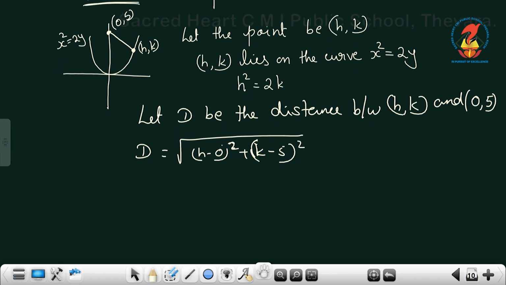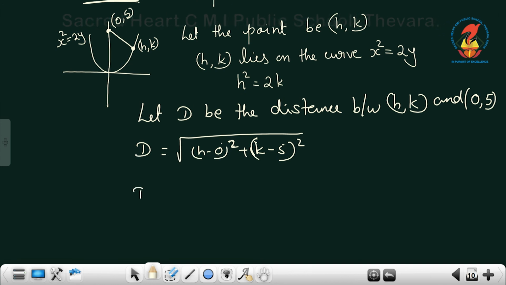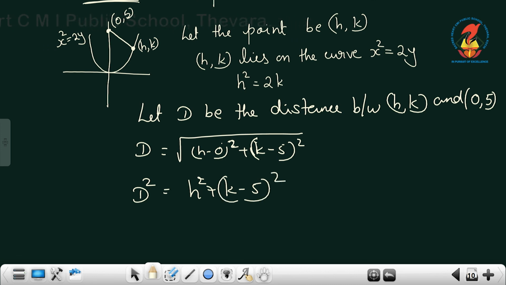Since it is root, we can square both sides. So d square is h square plus k minus 5 whole square. How many variables here? H and k. So we have to convert one to the other. We can expand: h square plus k square minus 10k plus 25.